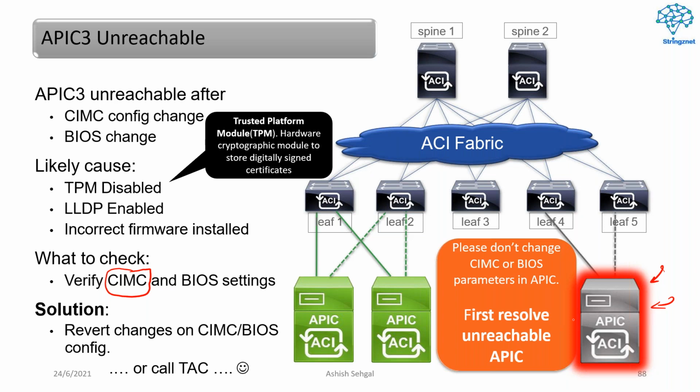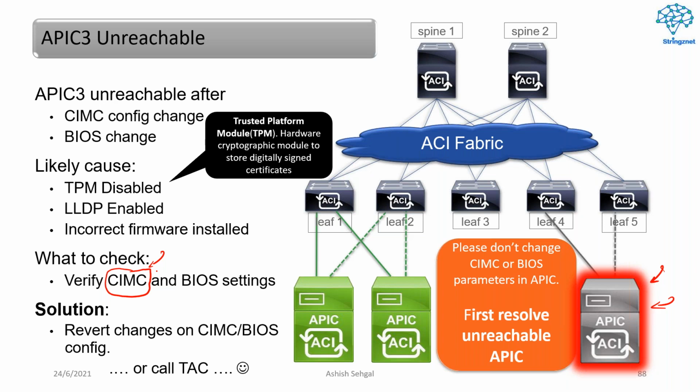This APIC maintenance is done with the help of our CIMC port. So if you have provided an IP address on the CIMC interface, then you can remotely fix the issue. In case you have not provided one, then I'm sorry, you have to provide a management IP address on the CIMC.